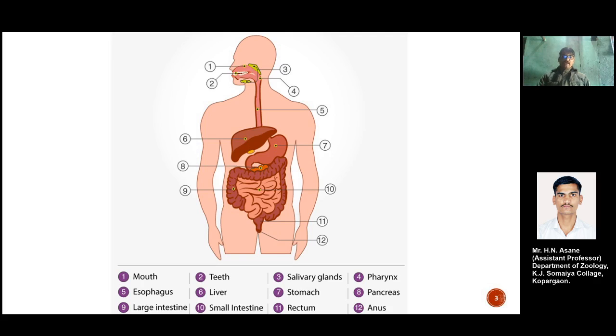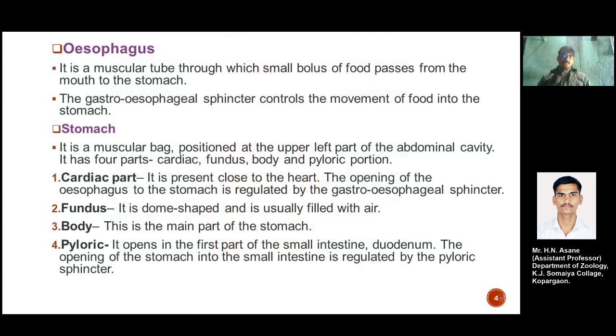The mucosa is the innermost coat of the alimentary canal, and it has an epithelial lining of cells. We will come to the esophagus when you see the slide, but I am just explaining the general plan of the alimentary canal.